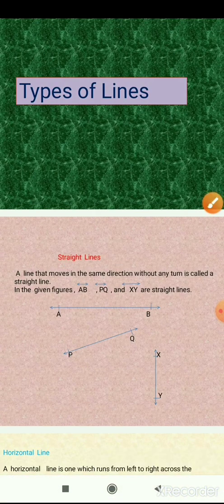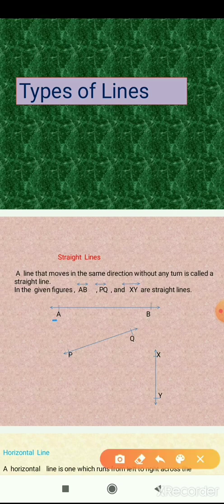A line that moves in the same direction without any turn is called a straight line. What is the definition of a straight line? A line that moves in the same direction without any turn is called a straight line.